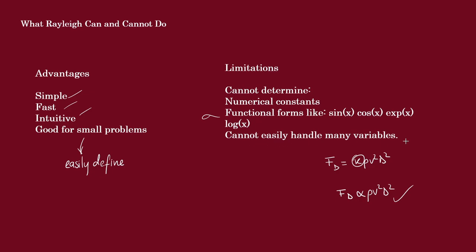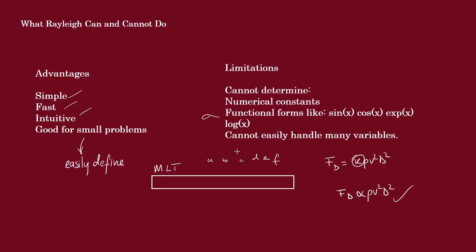And it cannot easily handle many variables. So if you come up with a long expression that depends on multiple variables, each of them will be raised to power a, b, c, d, e, and f, and you only have 3 fundamental dimensions. You will end up having more unknowns than equations.